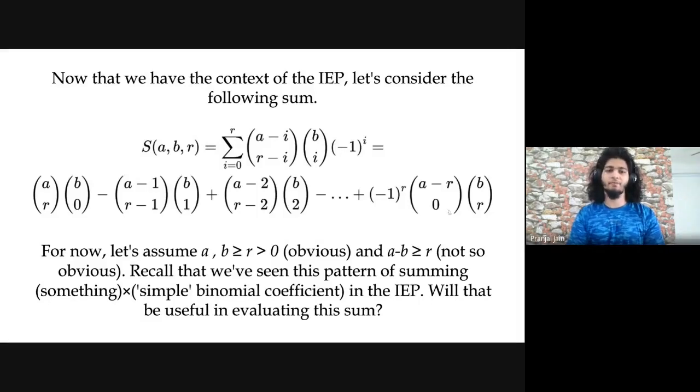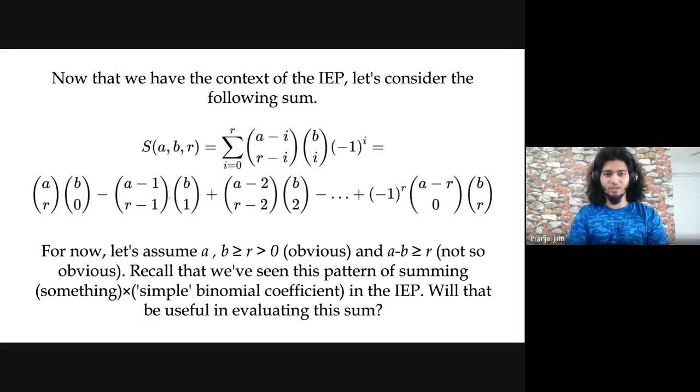For now, we'll assume that b is greater than or equal to r, and also that r is greater than or equal to 0, because otherwise you'll have a negative number over here, which we don't want. These assumptions are all obvious. The not so obvious assumption which we'll be making is that a minus b is greater than or equal to r.